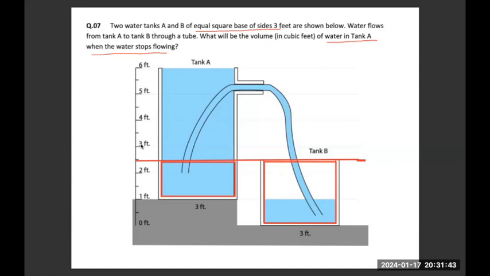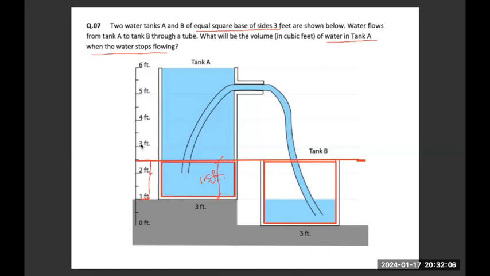Now, once I have done that, all I need to find is the height that we get here. This height is 1.5 feet, because this is 1 foot and this is 0.5. So the total distance is 1.5.